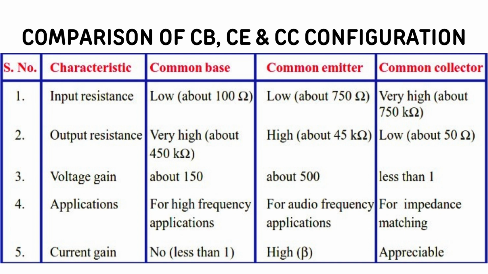Applications of common base configuration are for high frequency applications, whereas common emitter is for audio frequency applications, whereas common collector is used for impedance matching. Current gain in common base is less than 1, whereas in common emitter it is beta, which is of high value. In common collector, it is appreciable, which is beta plus 1.